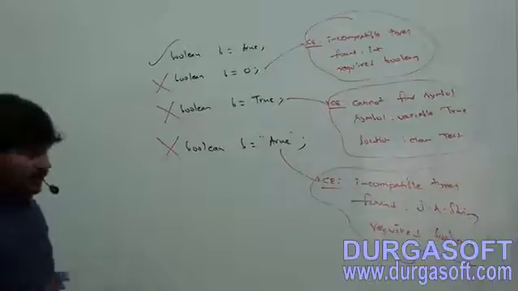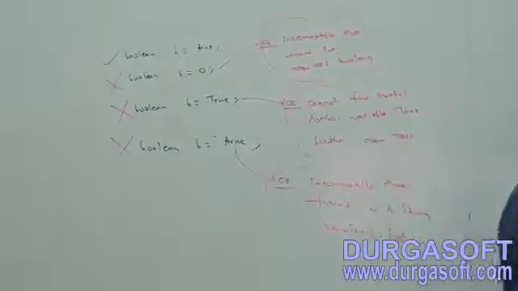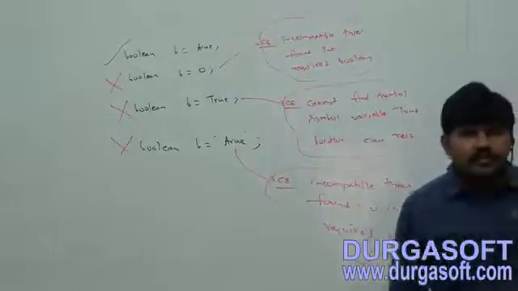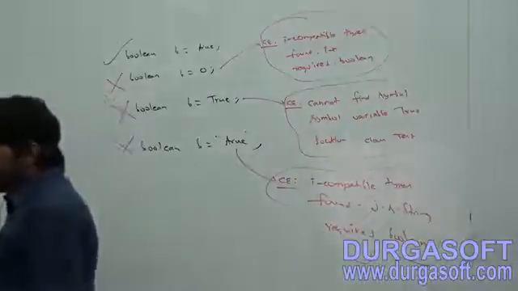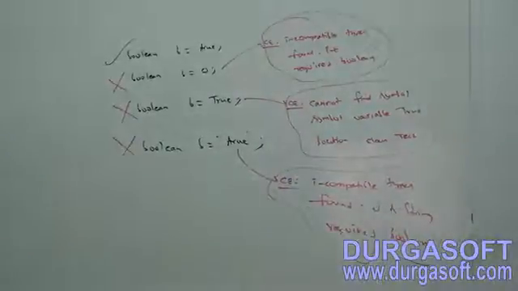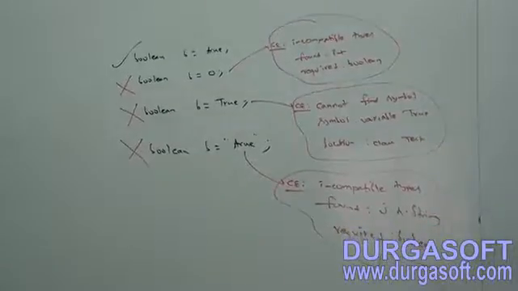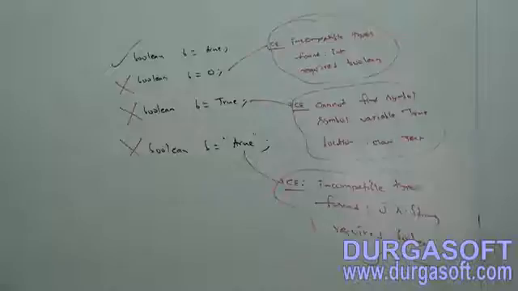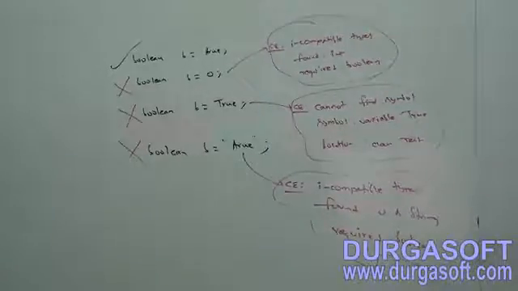If we provide any other, immediately we get a compile time error. We covered this already while covering the Boolean data type. Boolean b is equal to true, valid. 0 is invalid: incompatible types, found int, required boolean.